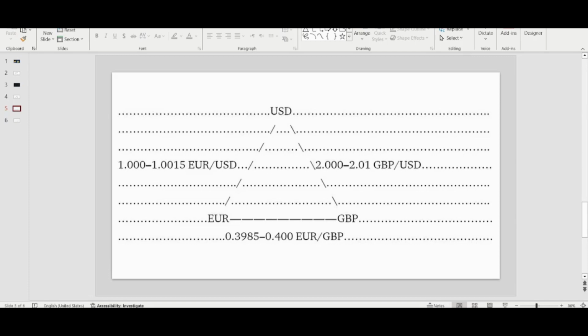So for every $2 you actually make about 25% of what you own. So let's say you have $1,000 and you decided to do this triangular arbitrage, you will actually achieve a profit margin of $250, which means a 25% profit margin.